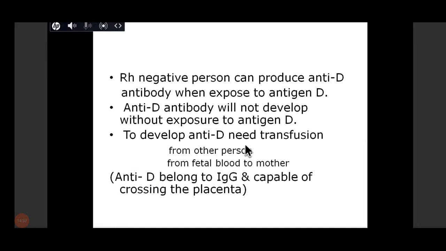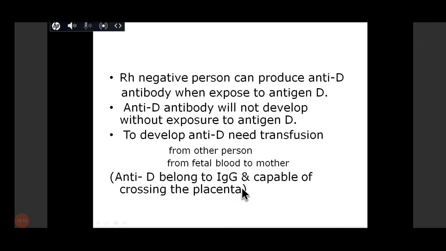How does an Rh negative person become Rh positive? This is mainly implicated in gynecology, when you deal with a pregnant female who is Rh negative. If the person has had exposure to Rh positive red cells, has been transfused with that, or the husband is Rh positive, or from the fetal blood to the maternal blood.